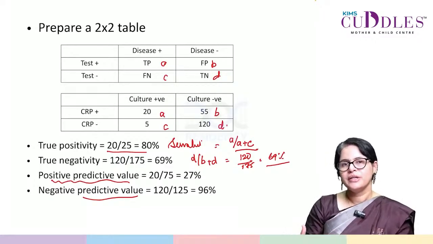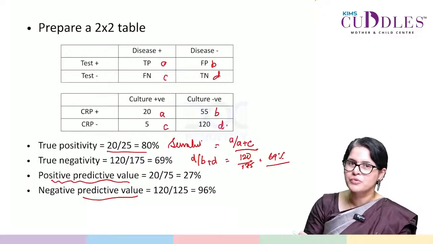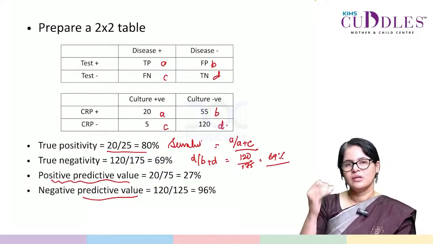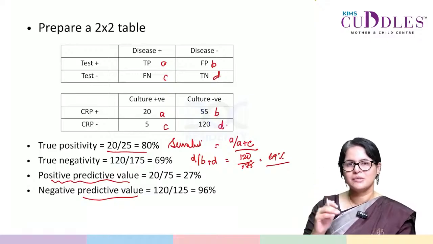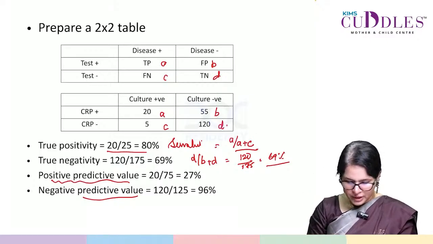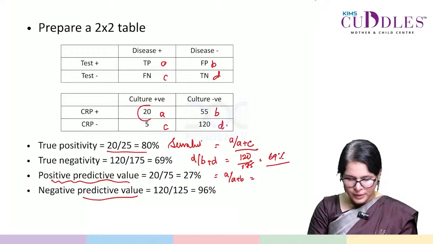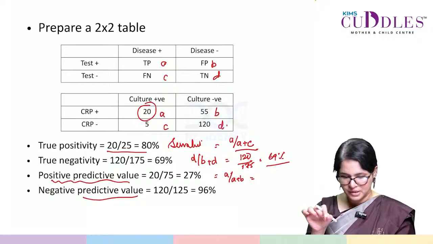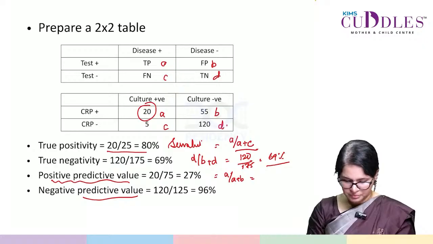So in positive predictive value, the denominator is the CRP, the test positives. So among test positives, how many were truly diseased? The proportion of the truly diseased by test positives gives us the positive predictive value. So here, the formula would be A by A plus B. A is 20, which is truly diseased, and A plus B, test positives, is 75. 20 by 75 is the positive predictive value.